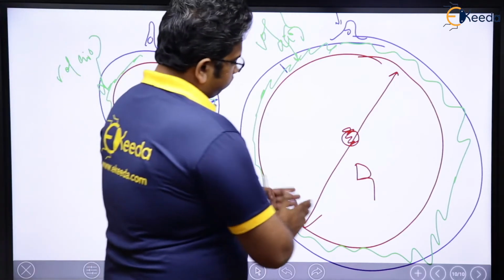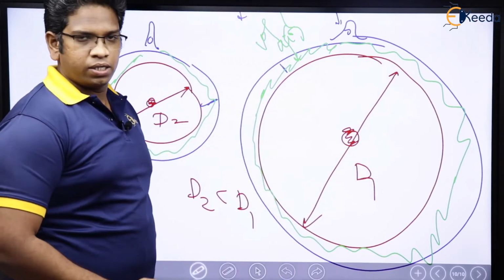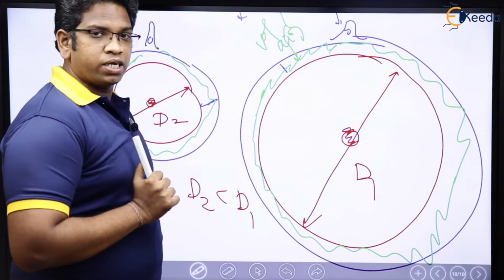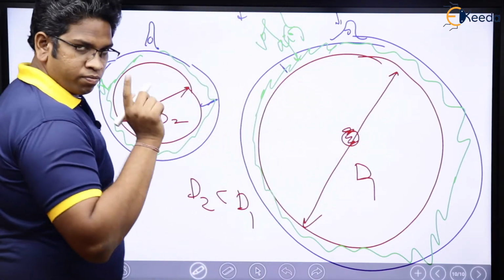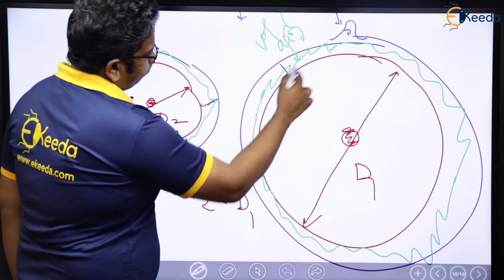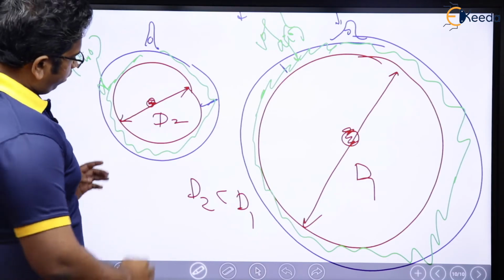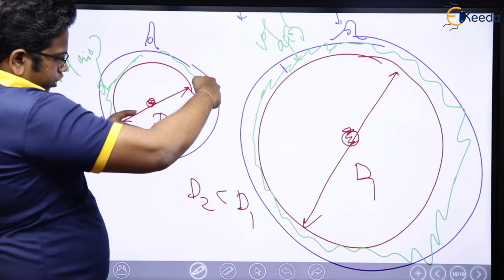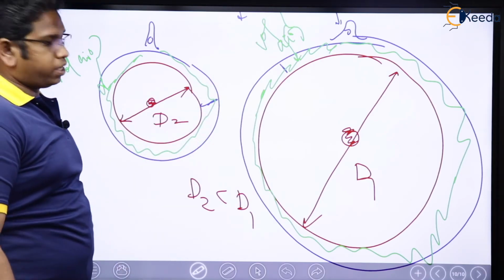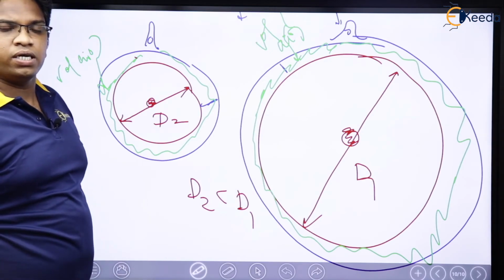So initially, if the diameter was big, then for the same air gap you have more volume of air. Whereas here, when the diameter has been reduced, the volume of air is decreased.